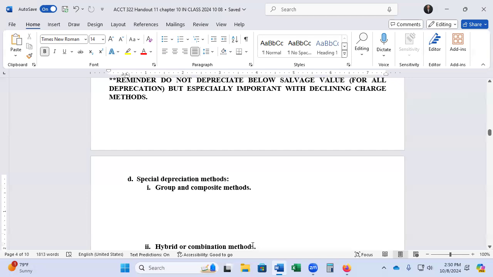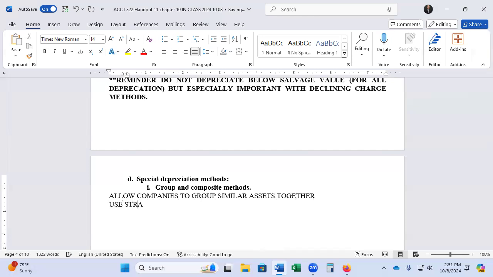Group and composite methods allow companies to group similar assets together.